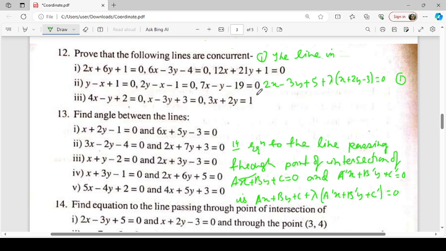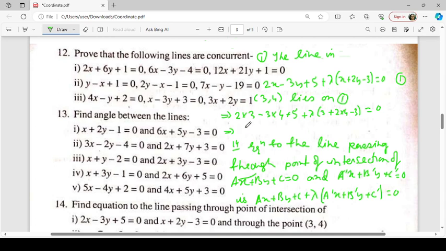Then 3, 4 is the given point, which lies on 1, implies 2 in place of x we write 3, minus 3 into 4 plus 5 plus lambda into x is 3, then 2 into 4 minus 3 equal to 0, and from this we have the value of lambda.